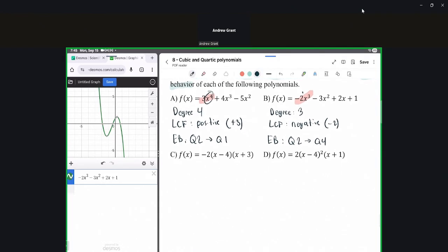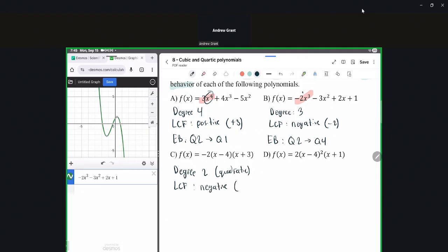Okay, what about letter C? We have f of x is equal to negative 2 times x minus 4 multiplied by x plus 3. So already you're kind of looking at this, you're like, oh, this is a degree 2. This is a normal quadratic. So I guess we can label that if you're so inclined. The leading coefficient is going to be negative.